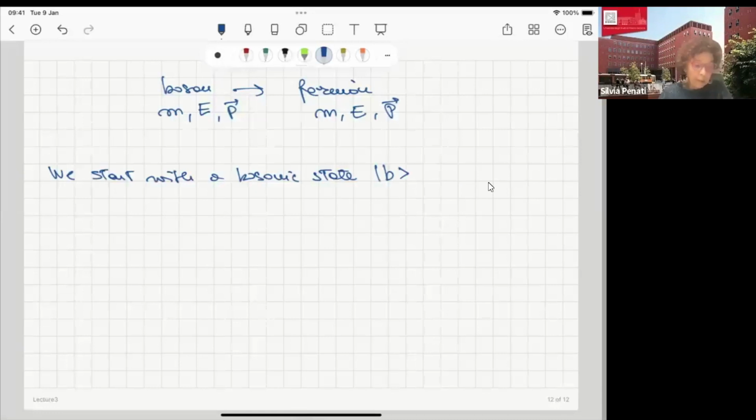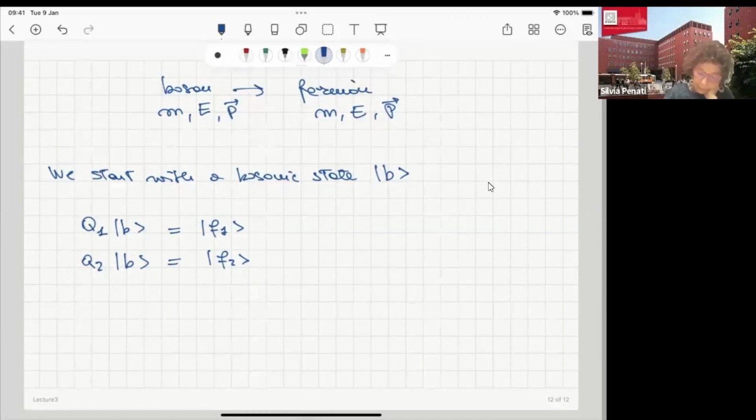What is the operation that I can do to generate the super partner? What I can do is to apply, for instance, Q1 to B, and also Q2 to B. I will obtain, let me call it F1 and F2, which are the two components of the spinor, therefore describing the fermion. This is, let's say, the first step.